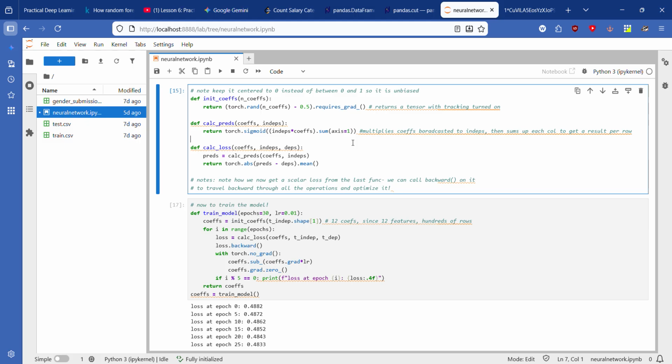So that's the y-axis. So we're going to sum up each column. We're going to basically imagine collapsing it into a single row now. So after this calcpreds function executes, it's going to return a tensor with 12 numbers. You could think of it as one row, 12 columns.